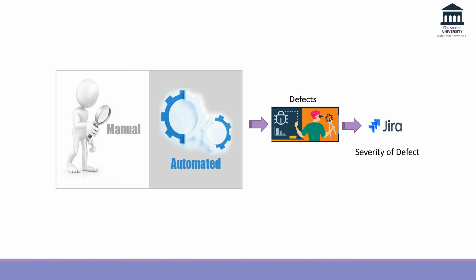The defects are logged in one of the defect tracking systems where we are expected to set the severity of the defect, because we need to let the project team or application team know how severe the issue is that we are seeing in the application. So this is where the testers are expected to set the severity of the defect.